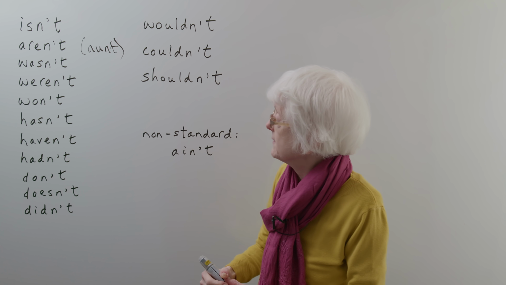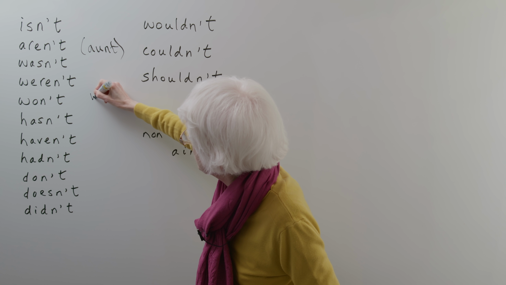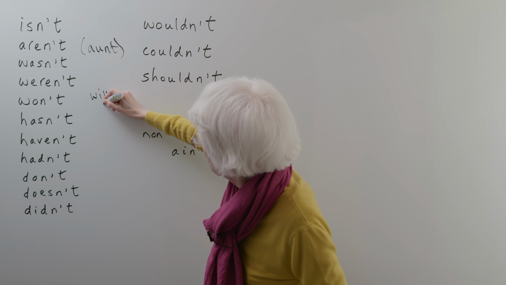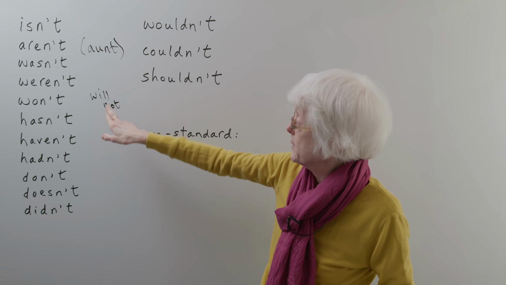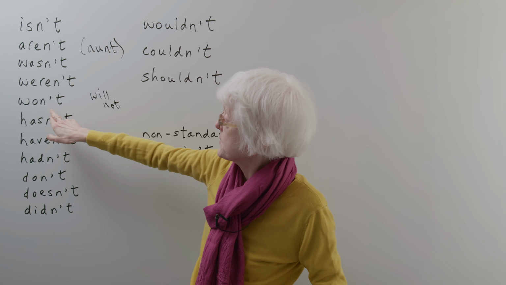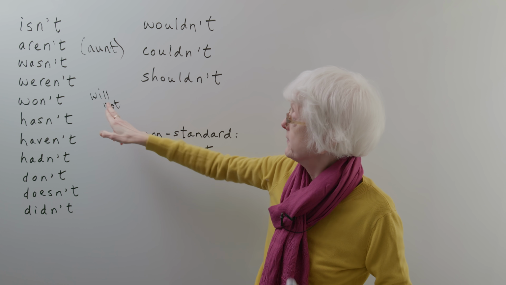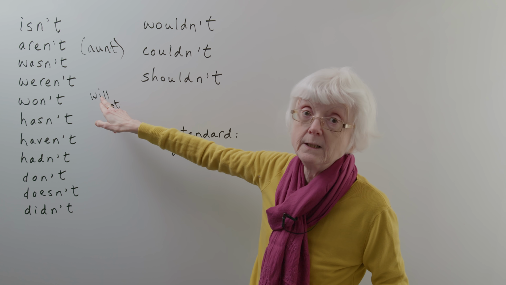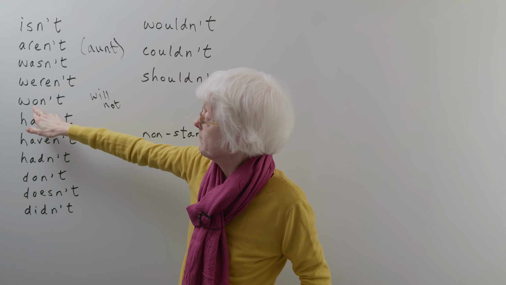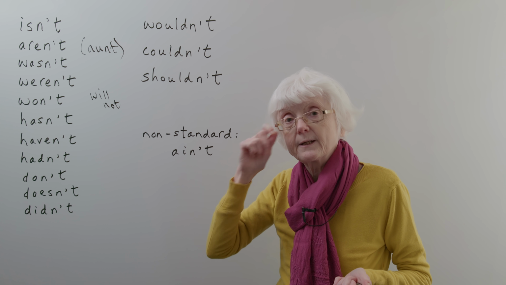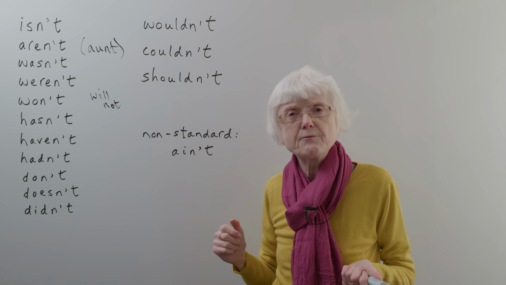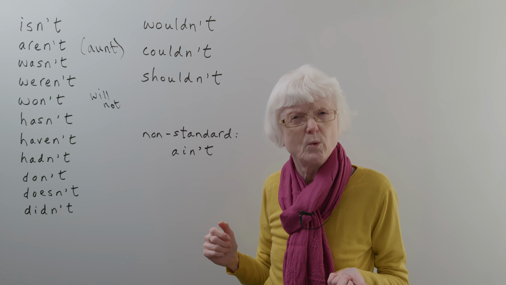But this one, this is a bit strange, because it means will not, but it's a strange thing that when it's contracted, the I in will becomes an O. So that's very strange. But I guess it's partly because it's difficult to say willn't.